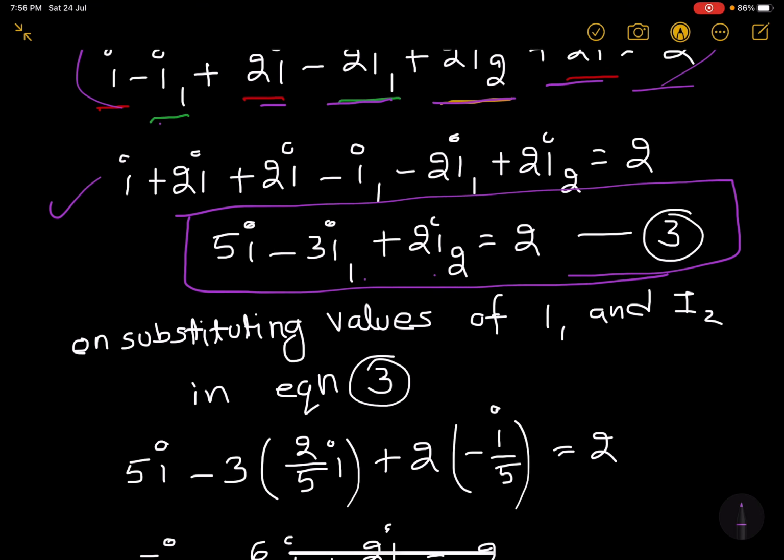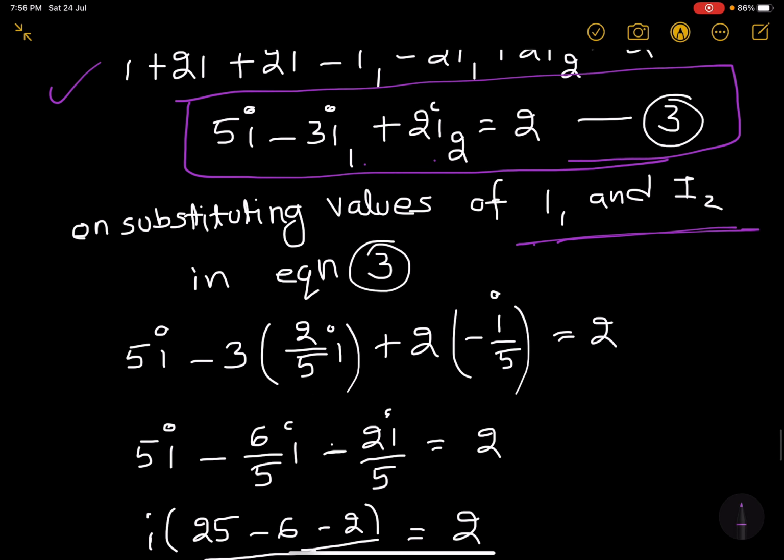Now I substitute the values of I1 and I2 that we got above. 5I minus 3 into I1 value, 2 by 5 into I, plus 2 into I2 value, minus I by 5, equal to 2.